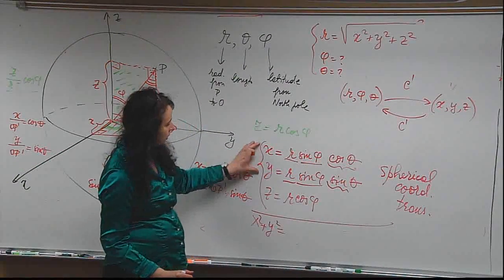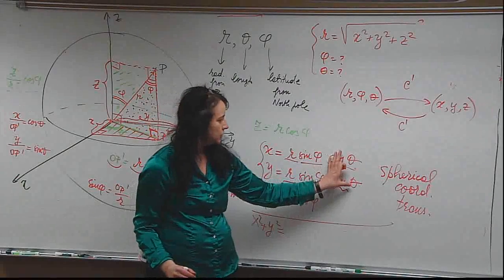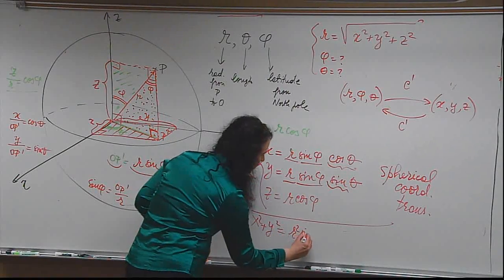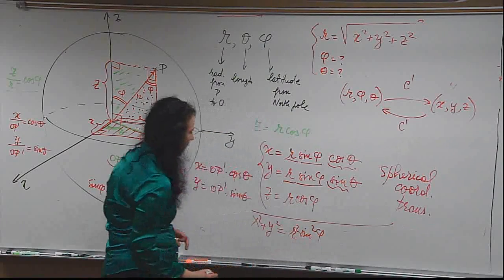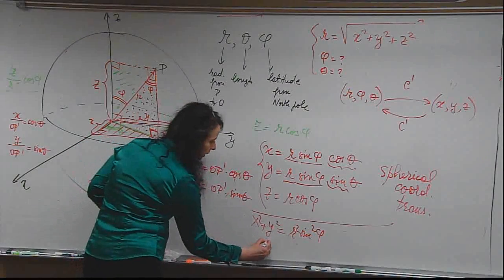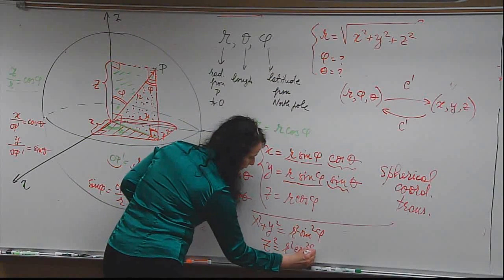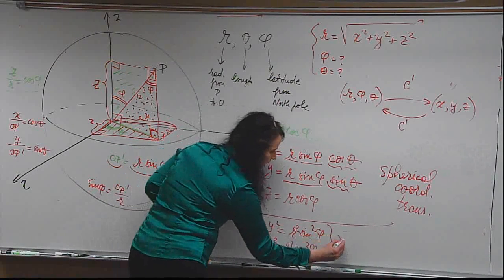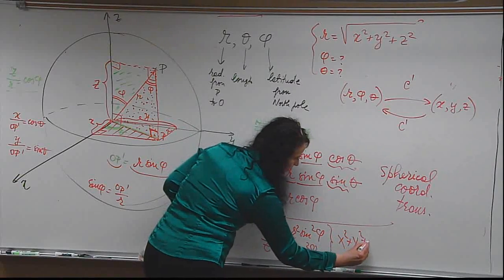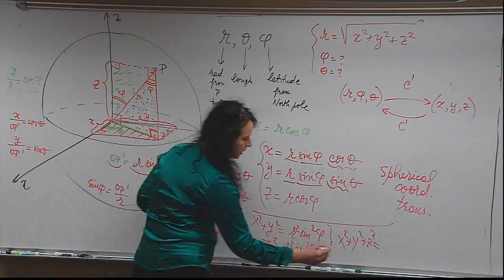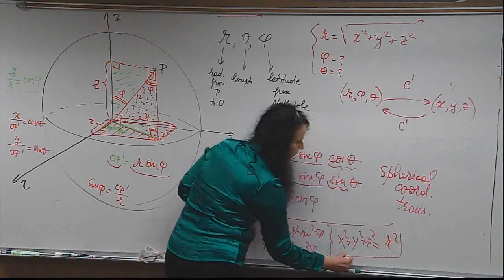So when you add up x squared plus y squared, this goes away and becomes 1, and you have r squared sine squared phi. Now, who is z squared? R squared cosine squared phi. Add them all up, x squared plus y squared plus z squared equals little r squared.